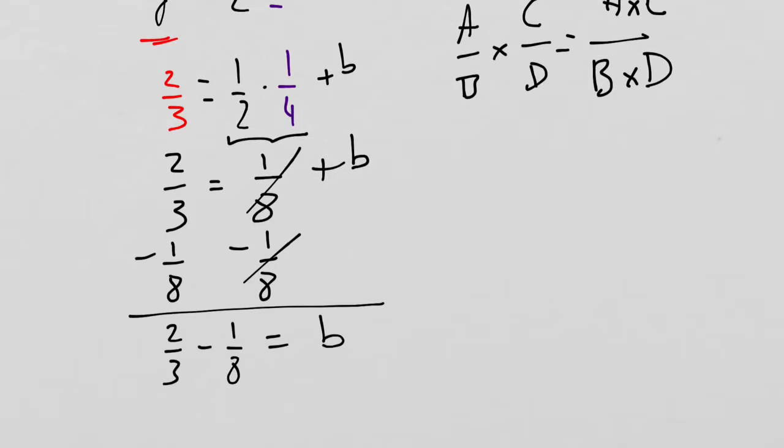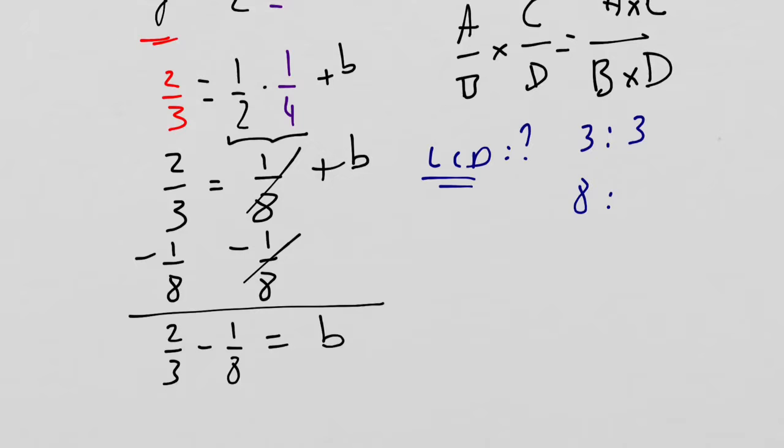Because 1 over 8 minus 1 over 8 equals 0. So in order to find b, I'm going to do it on the side: I need to find my LCD, because I need to subtract two fractions without the same denominator. To find the LCD, I write each denominator completely in prime factors.